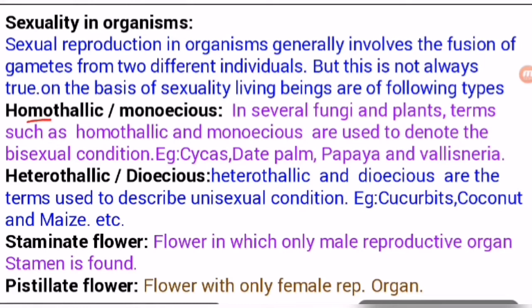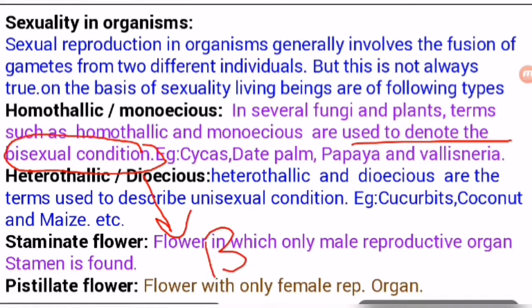So homothallic or monoecious. The other, technical term is monoecious. In several fungi and plants, terms such as homothallic and monoecious are used to denote the bisexual condition. So keep it in your mind, bisexual. Bisexual means both sexes are present in a single body.